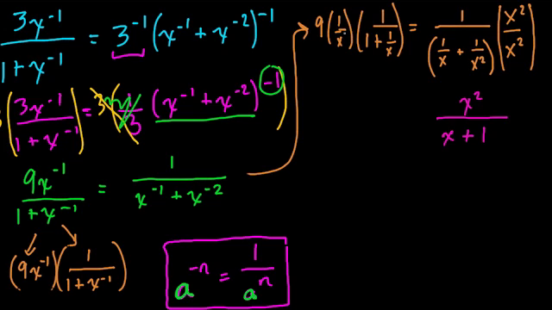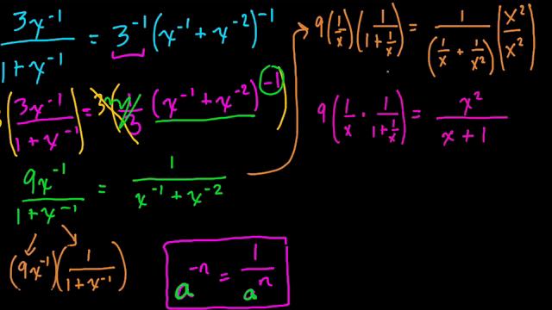Now on this side of the equation, what are we going to do? Well, if you think about what happened when we wrote this, ultimately it's going to happen now. If I redistribute, I'll get 9 times 1 over x times 1 over 1 plus 1 over x.